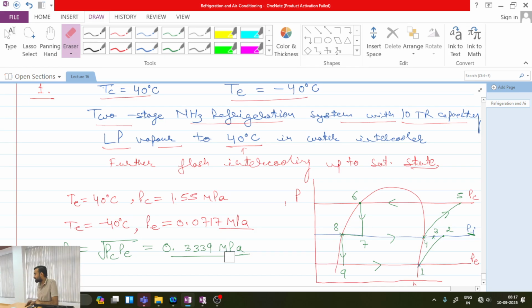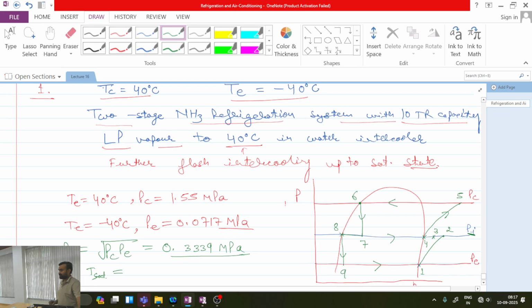But it is given in the question, or if it is not even given, then also there is a usual practice that from the ideal pressure, whatever temperature I get, corresponding to this Pi, I will be getting the value of some saturation temperature.